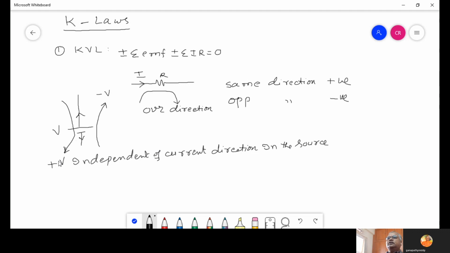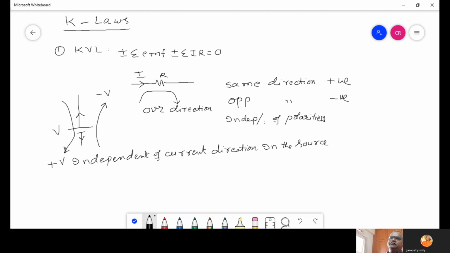That's the same way. If it is a resistor, what should we see? Our direction and the current direction. Don't see the polarity; it is independent of polarities.